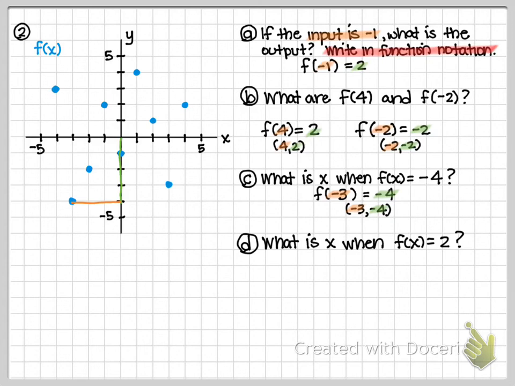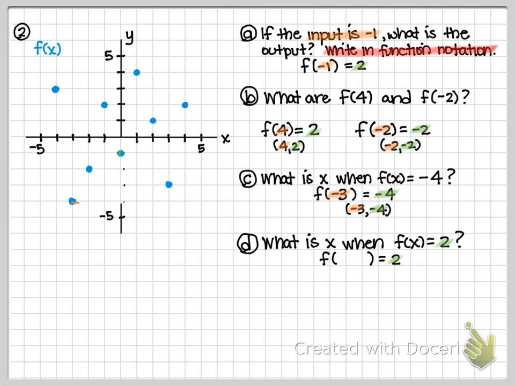Okay, now I think the last one I gave you was a little tricky on purpose. So I know my y value. So this is saying f of something, I don't know what it is, gives me 2. So I go back to the graph. I'm going to try to ignore those guys for now.